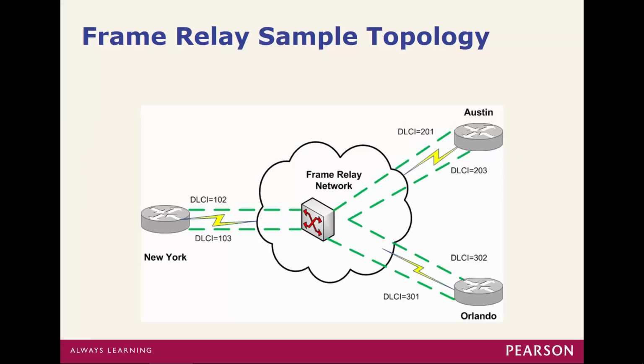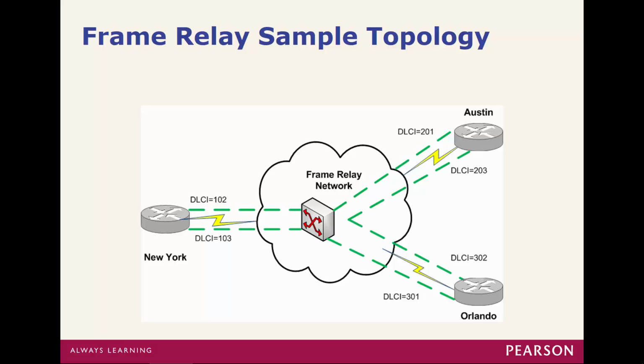Here we have a point-to-multipoint, and we have a DLCI that allows us to do our point-to-point connection between our different connections. You're going to notice the DLCI on one router, for example, New York, that's going to have 2.